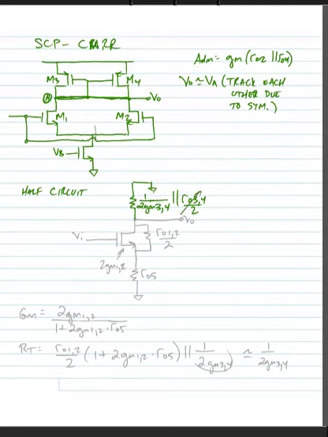Now, of course, 1 over gm is going to be much smaller than our output resistance, so we can typically neglect that output resistance. This is connected to a transistor. M1 is effectively in parallel with M2, which doubles its size. And this means that this transistor has a gm that is 2 times gm1, the gm of either the individual transistors M1 or M2.